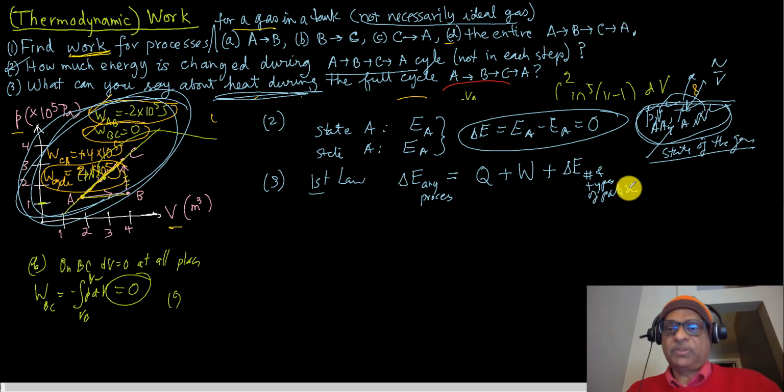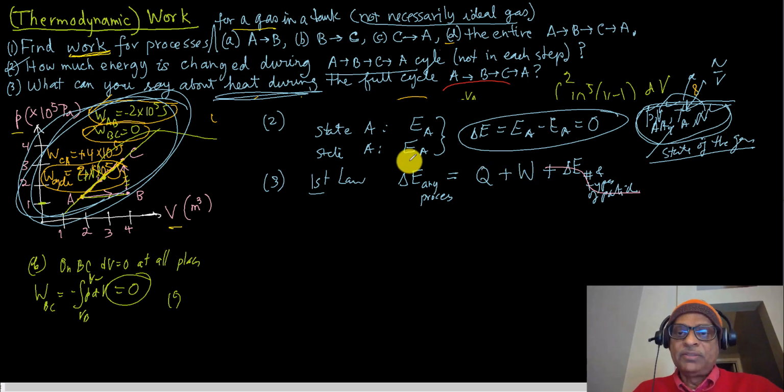This is the first law, and it includes chemical reactions, which can change the number and type of particles. For us here, this is not happening.